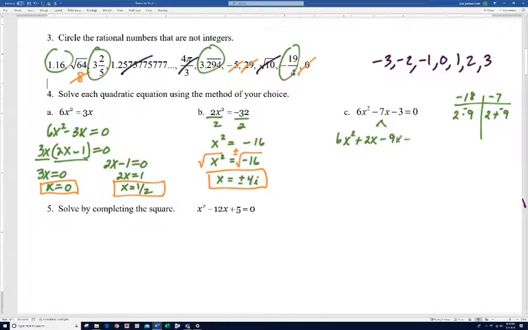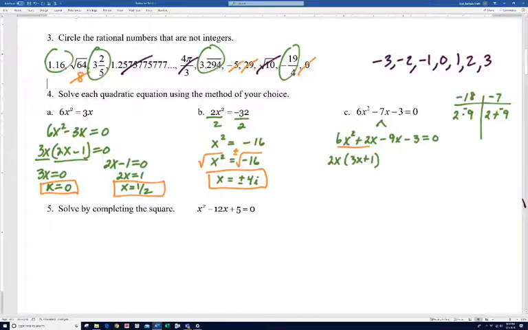So we'll split our b term, and now we can factor by grouping. This is what I mean by the b term. And so let's see, we'll group the first two terms, and we can factor out the GCF of 2x. And then it'd be 2x times 3x and 2x times a plus 1.